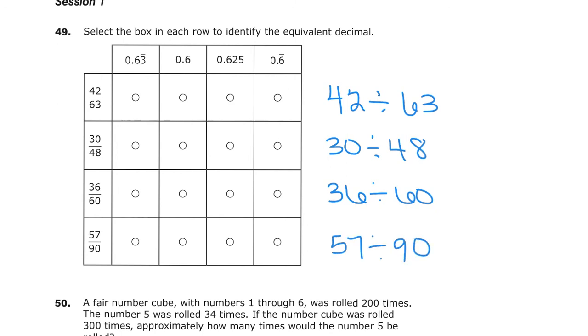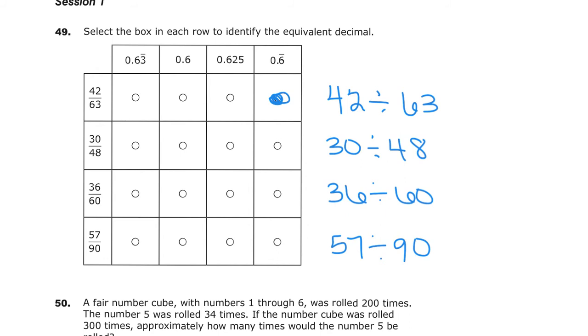And when we do that, what answer choice does your first one give you? Monica? 0.6 repeated. Very good. The next one, what does it give you?